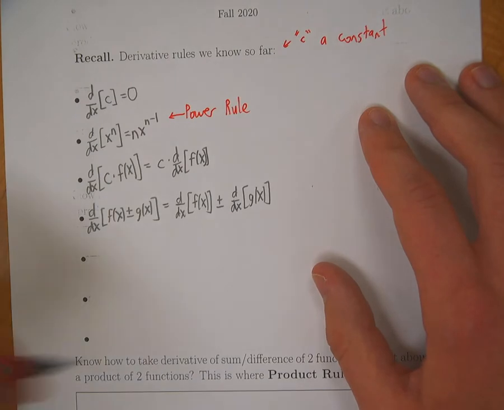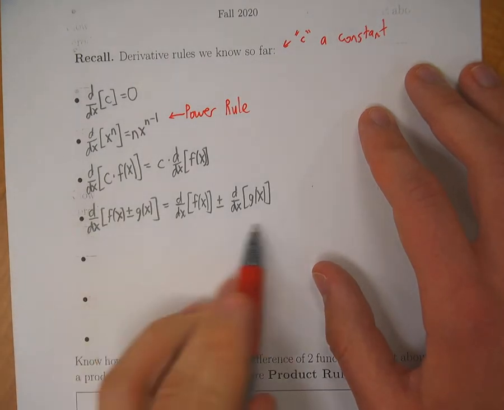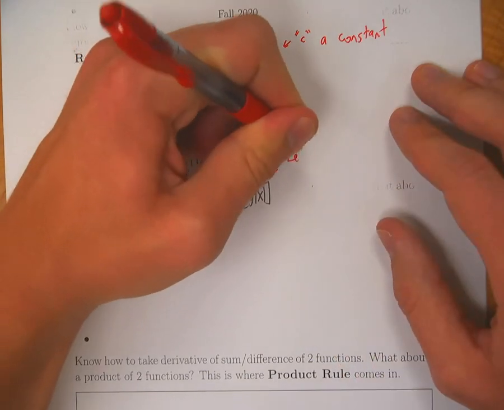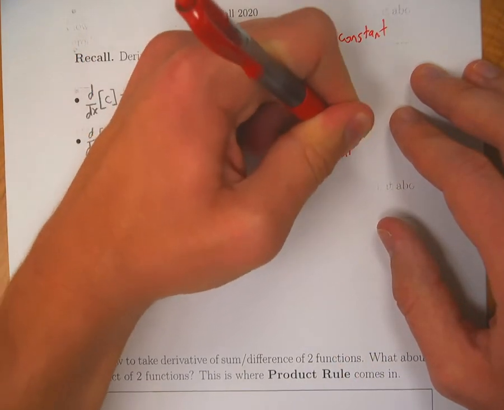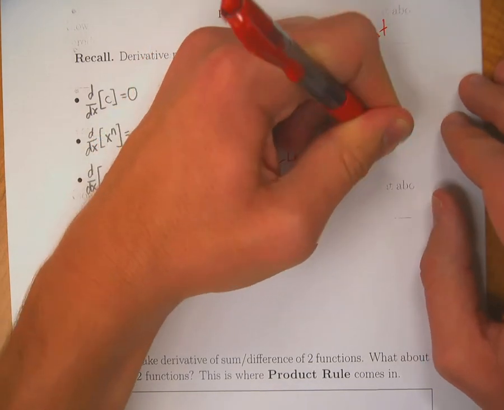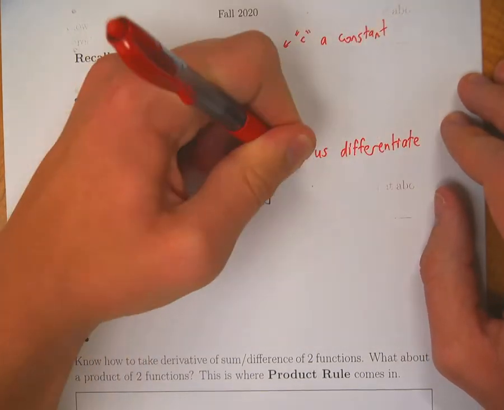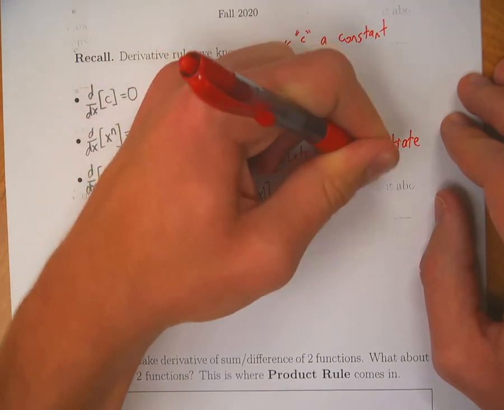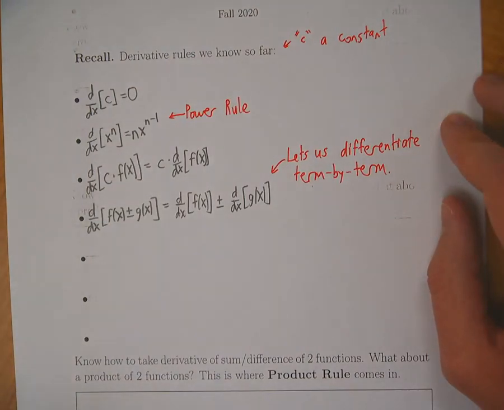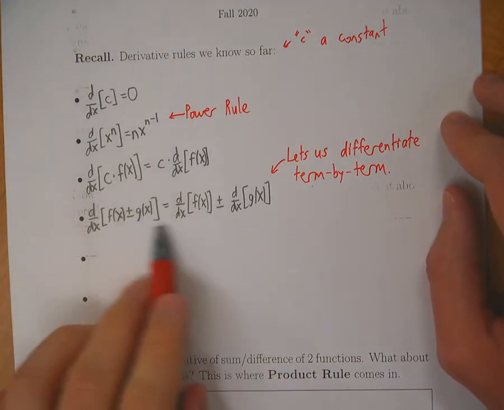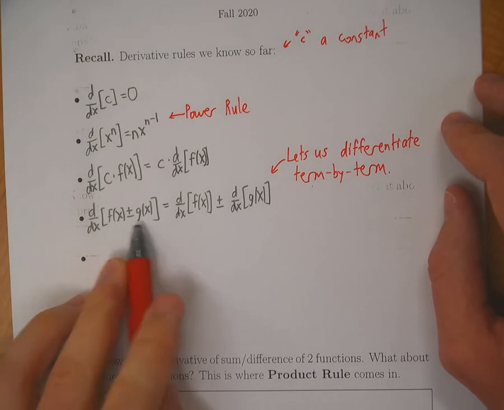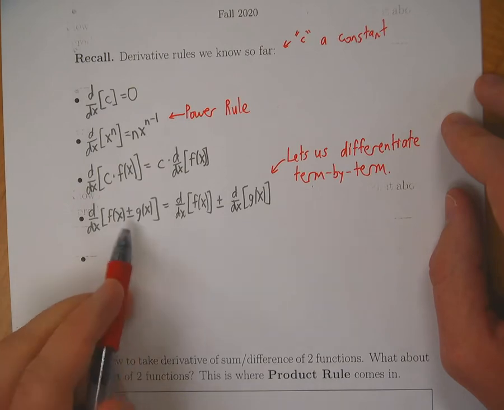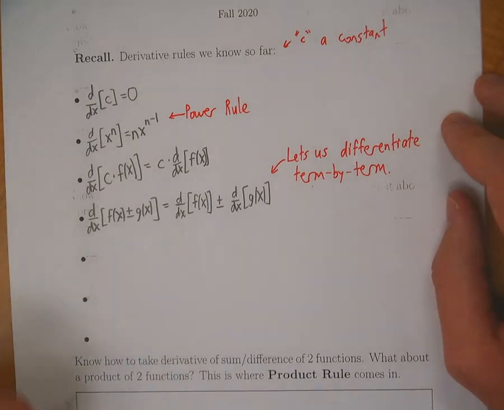And the nice thing with this part right here is that this lets us differentiate term by term. Okay. So if you have a sum/difference of a bunch of functions of x, then you can just focus on the derivative of each of those terms individually and then add/subtract as necessary.